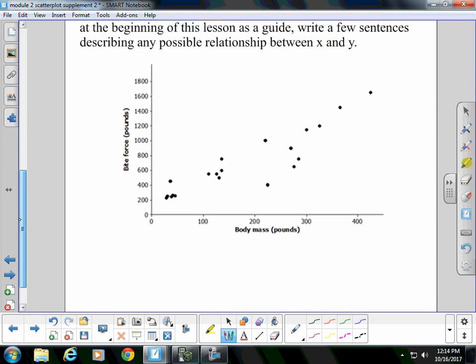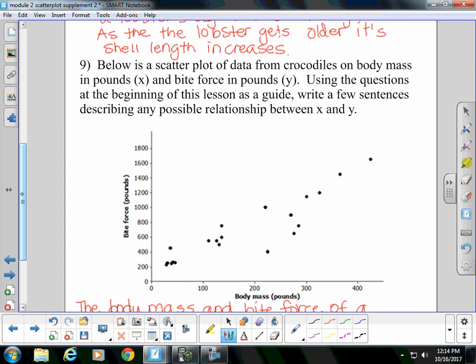So it looks like the body mass and the bite force have a positive linear relationship.